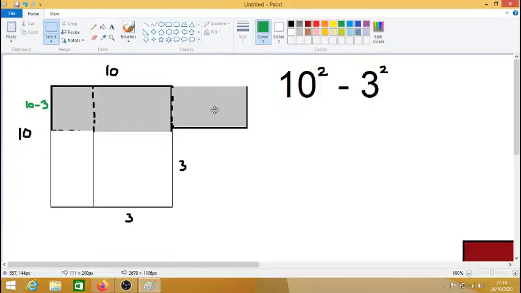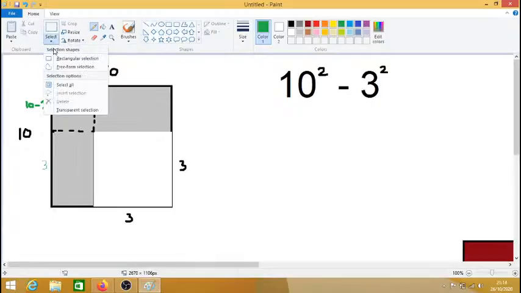If I'd done that cut accurately, you'd see that it would be a perfect fit, and the only thing missing is that we don't know how wide that is. So let me write down that that's 3 here, because this side is 3, then that edge here would be 3 as well. So let's try that again, and I'm going to try and do it accurately.